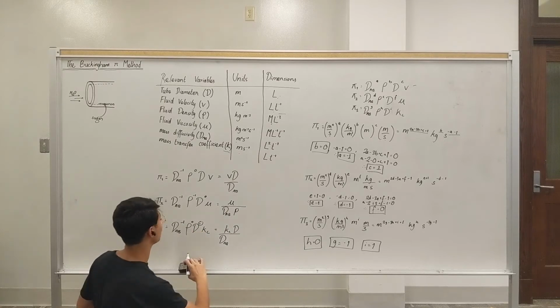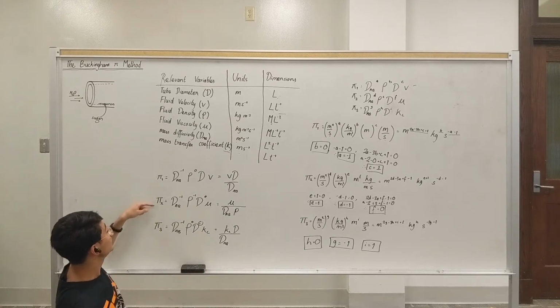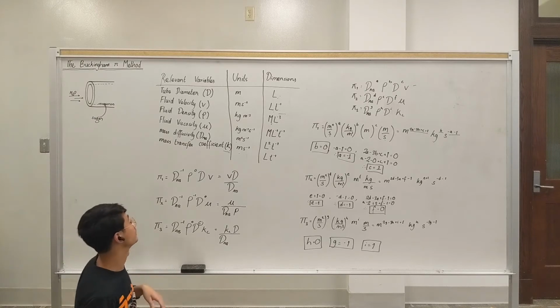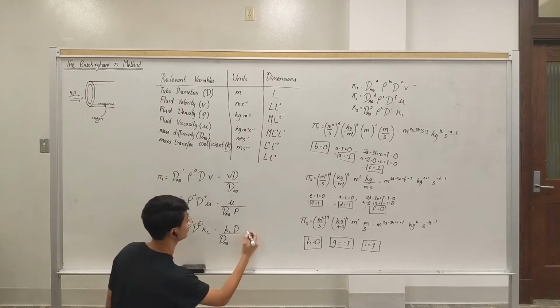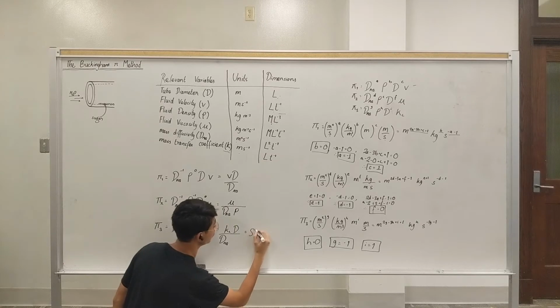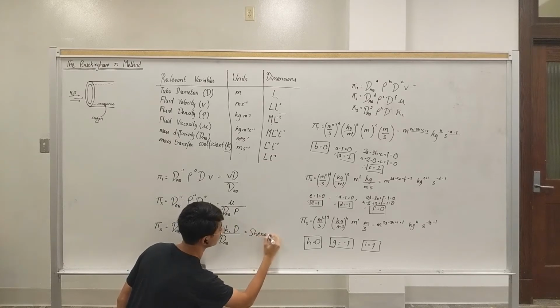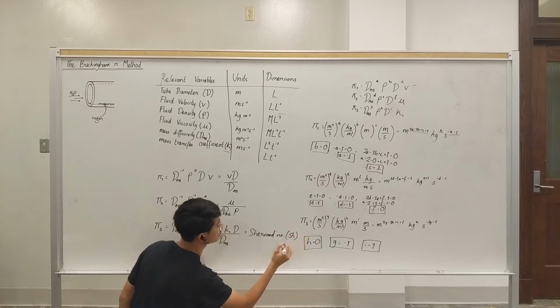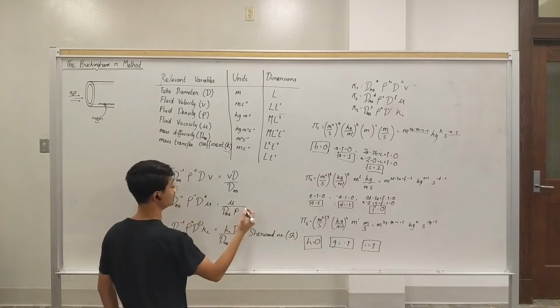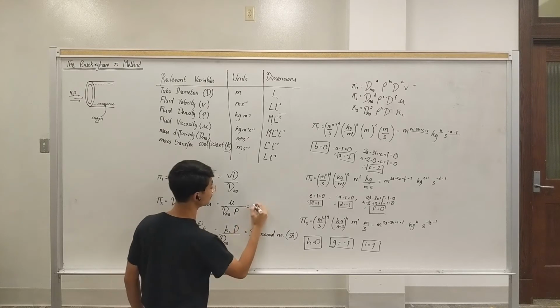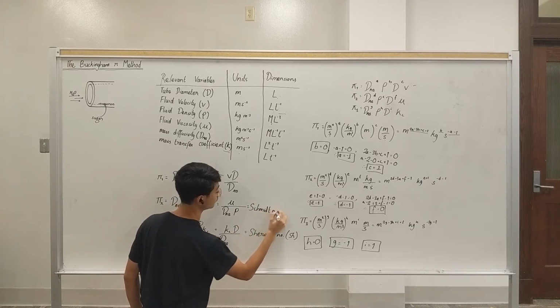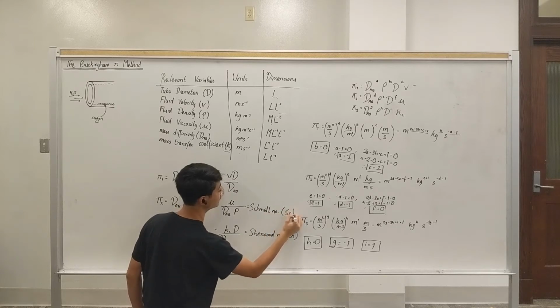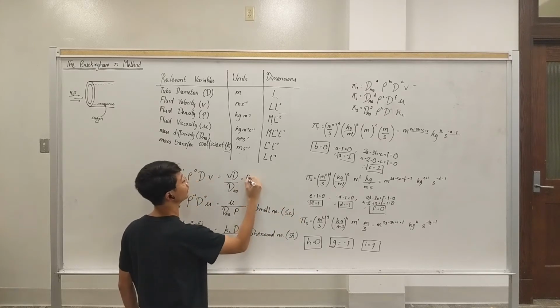So all of these dimensionless numbers actually have a name to them. So our last one is actually the Sherwood number, denoted by Sh. And this one is actually the Schmidt number, denoted by Sc, and this one is our Peclet number, defined by Pe.